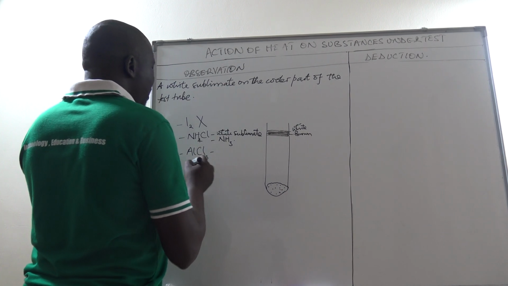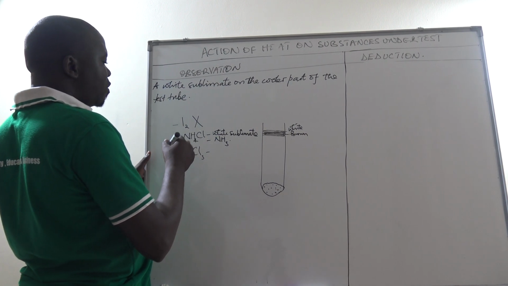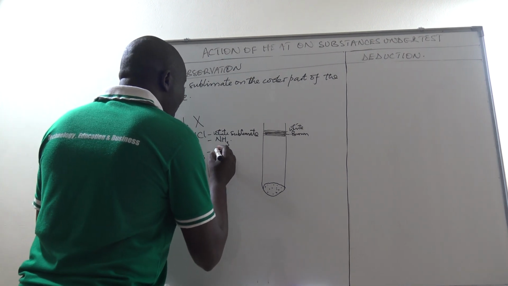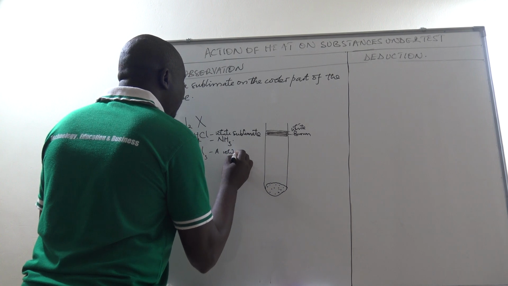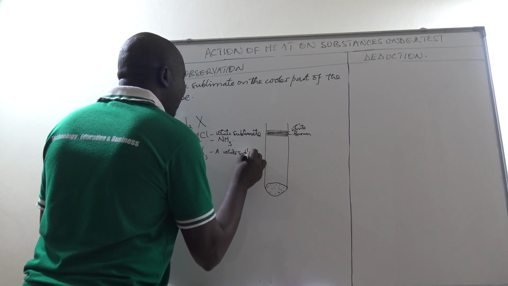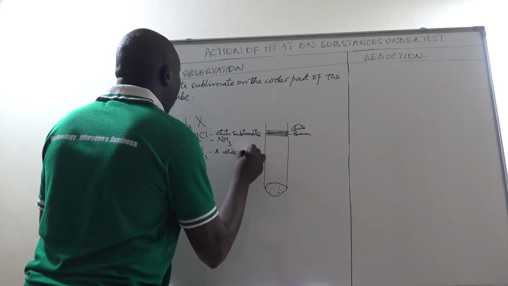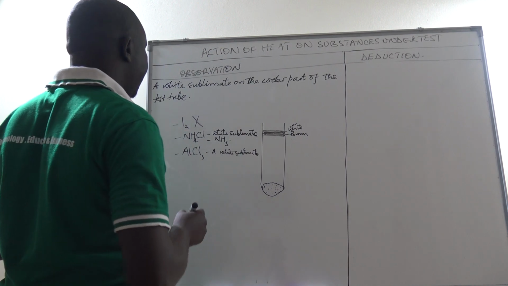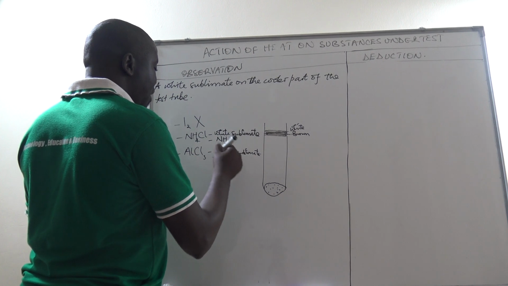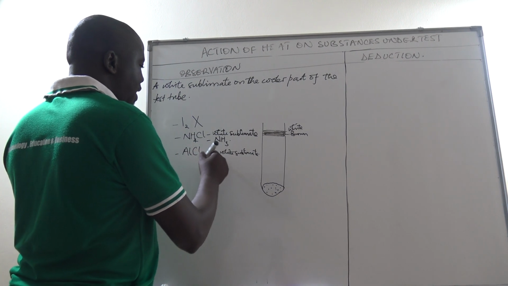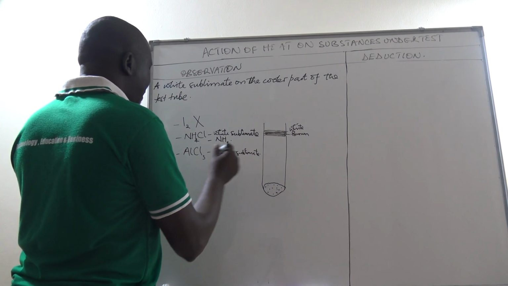Aluminium chloride is also able to undergo sublimation, and we are able to get a white sublimate, only without the production of a gas like ammonia gas in this case, or any other gas. So we get a white sublimate.